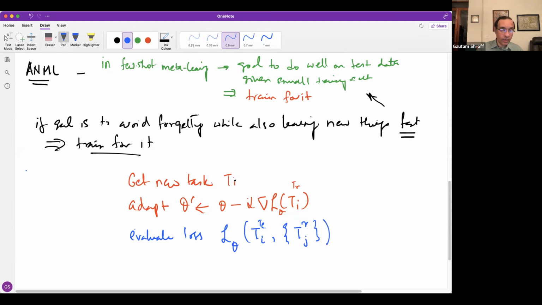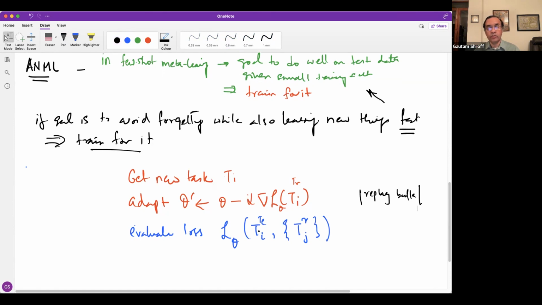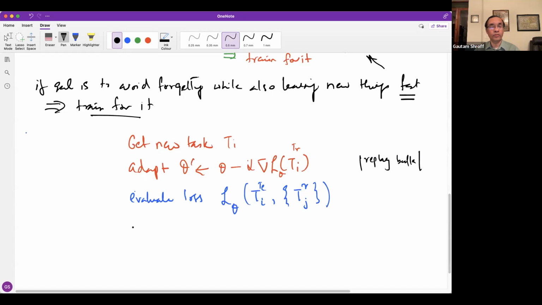So for some tasks, you randomly sample some data and you keep it around. This is called a replay buffer. You don't keep all the data around, and you don't go back and retrain on all the tasks. But you keep just a small fraction of the data from the task at random, and the loss is computed on that small fraction as well. So this avoids forgetting.